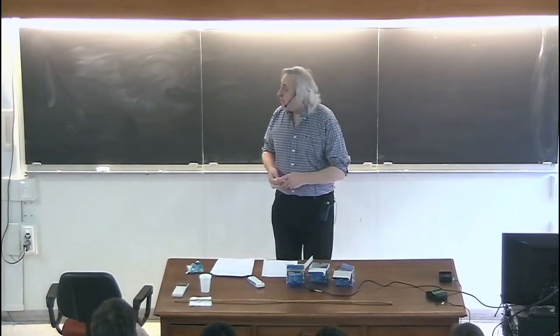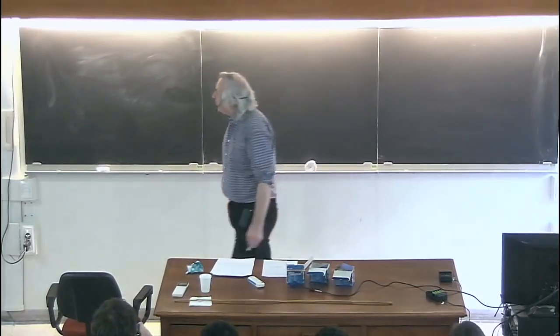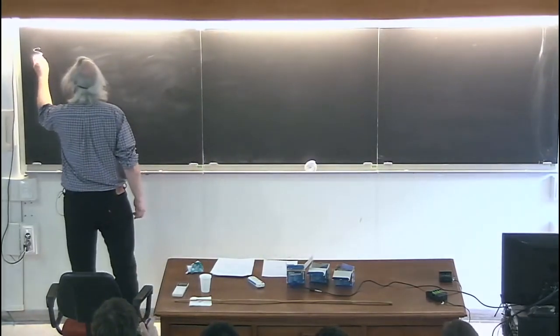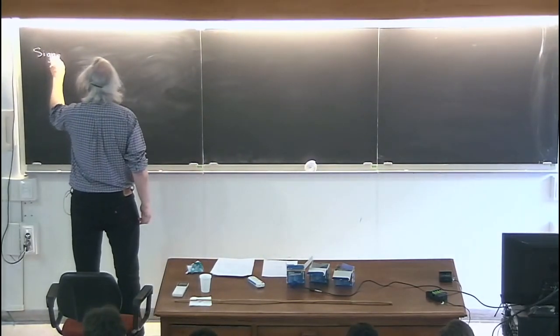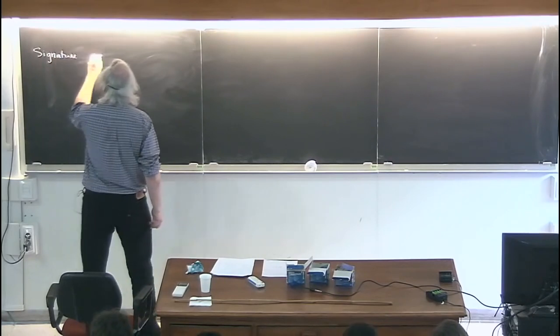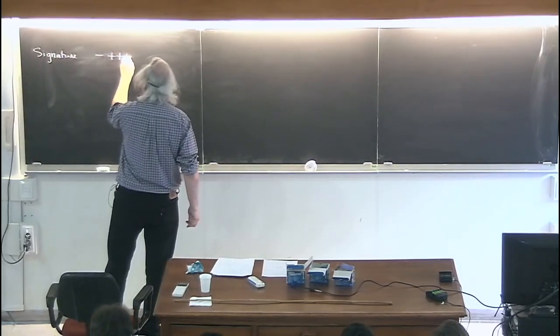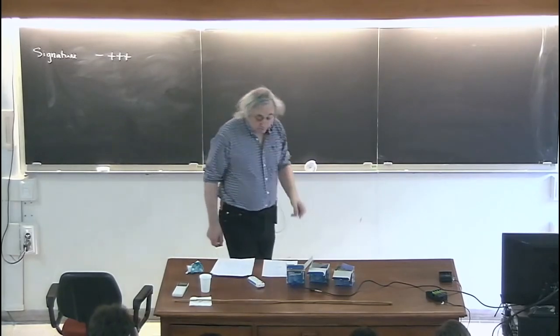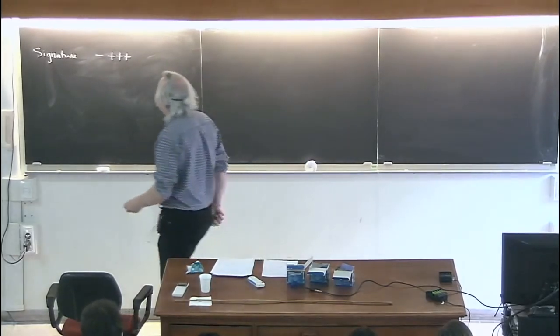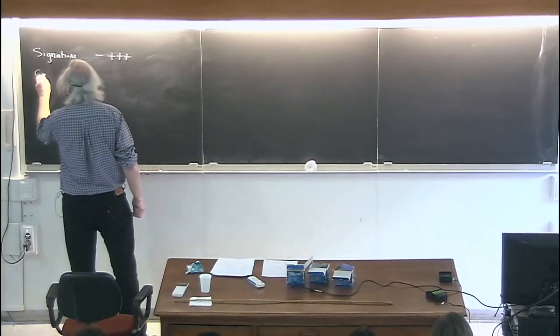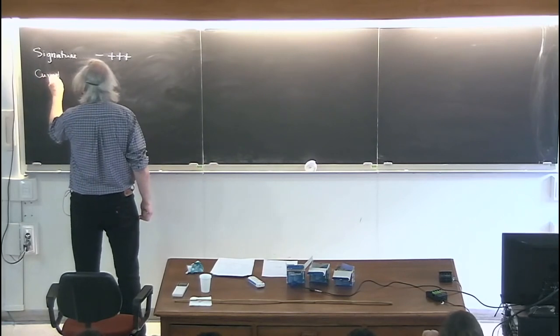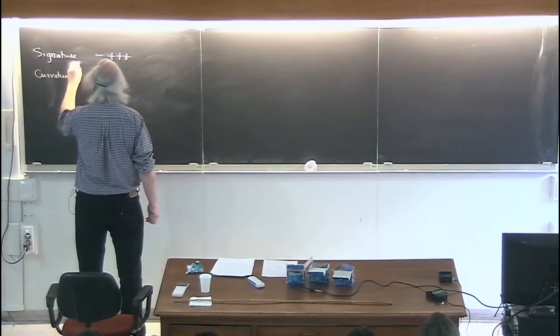Firstly, I think the thing to do is to set our conventions. So my metric signature is going to be minus plus plus plus. My conventions for curvature are the same as to be found in Hawking and Ellis and Misner, Thorne and Wheeler and many other places, but not everywhere.